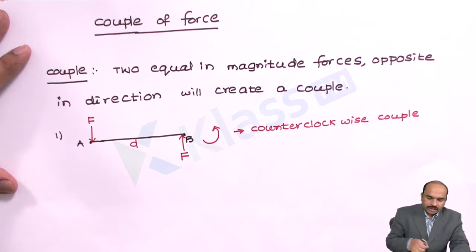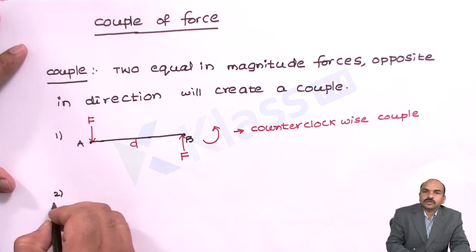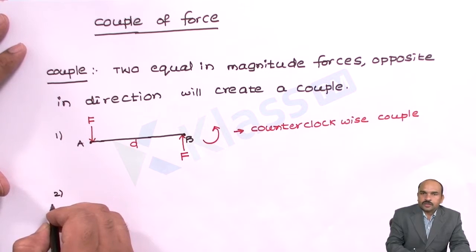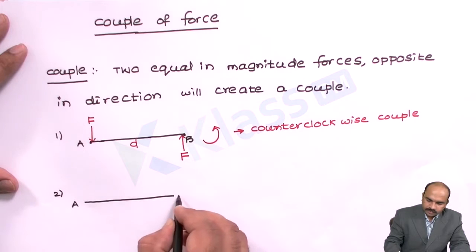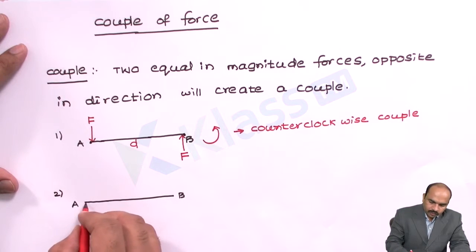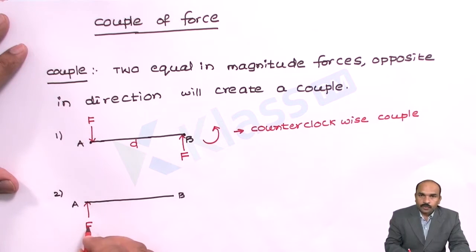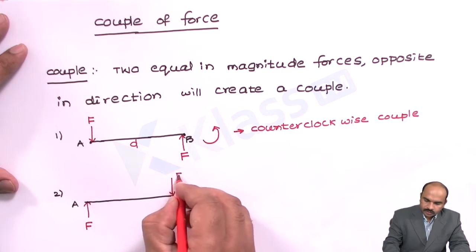Now let us take the other type of couple, that is the clockwise couple. Let us take the same object AB, and the force at point A is upward and at B it is downward.